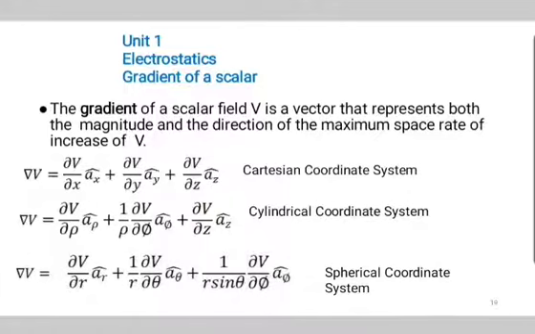When delta operates on a scalar, it is called gradient. The dot product of the vector with delta is called divergence, and the cross product of the vector with delta is called curl.